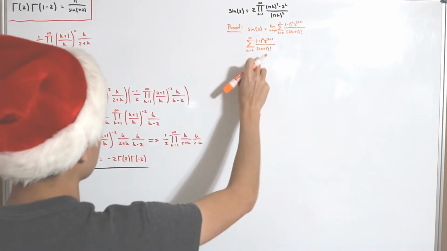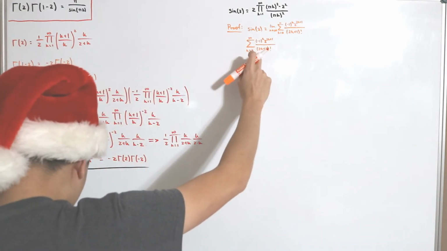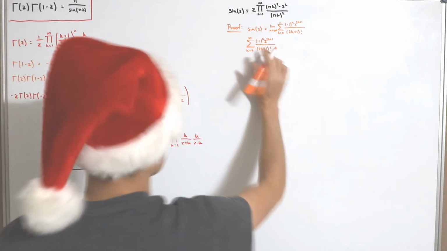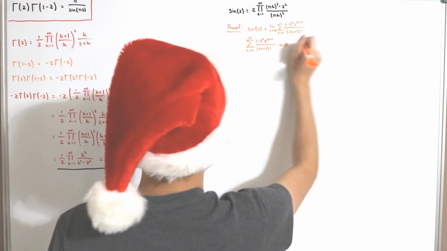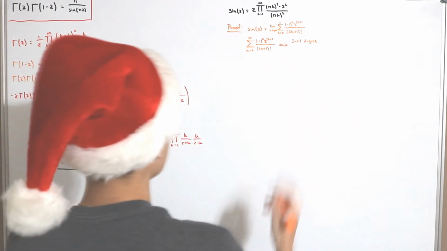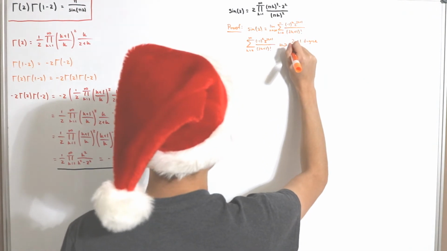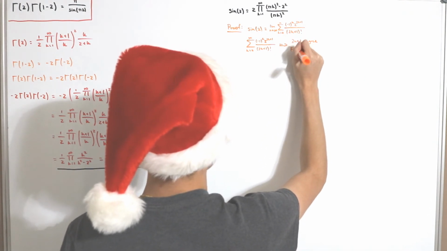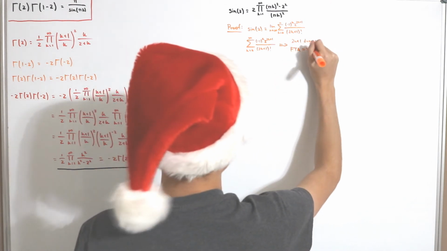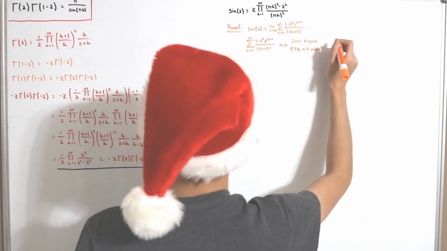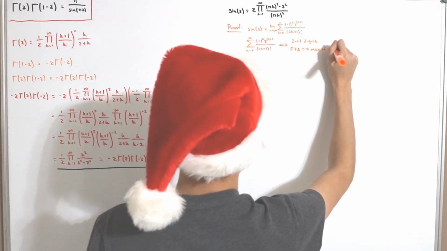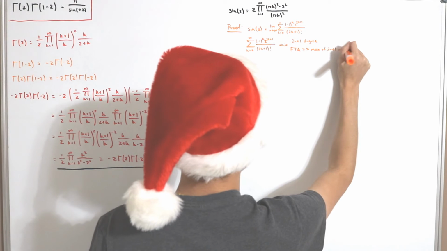If we pay attention to this summation, notice that this polynomial has a degree of 2n plus 1. So we can use the fundamental theorem of algebra to say that there are a max of 2n plus 1 roots.